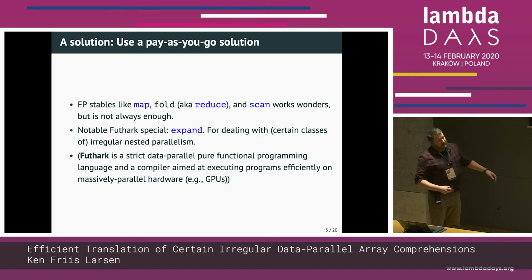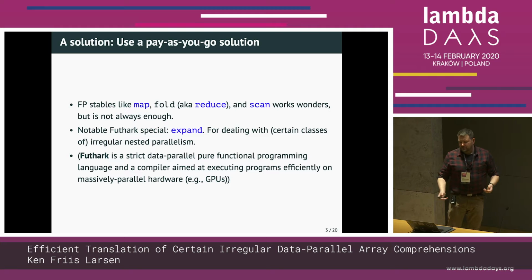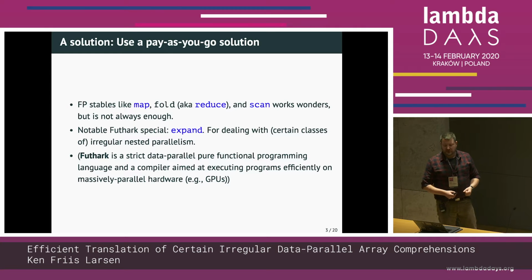It turns out that functional programming is really good for describing parallel computations, and in particular our old friends like map and fold, also known as reduce, and even scan.